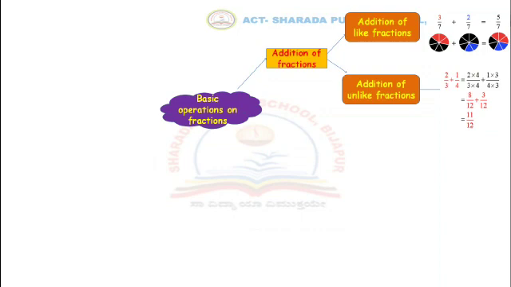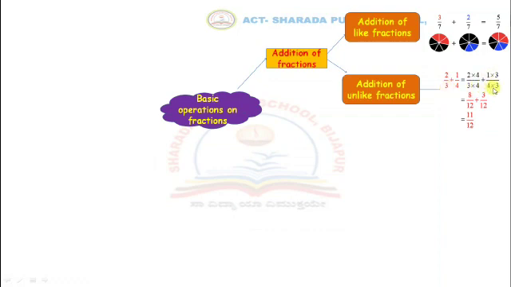LCM of 3 and 4 is 12. Now here, 2 by 3. How do I get 12 from 3? I need to multiply by 4. That same number I am multiplying to the numerator. 2 4s are 8, 3 4s are 12. 8 by 12 is equivalent to 2 by 3.